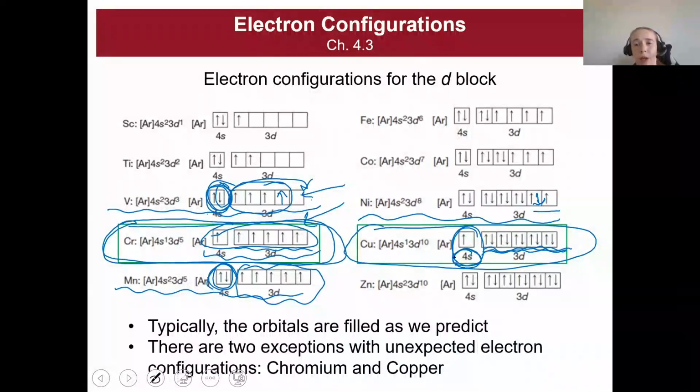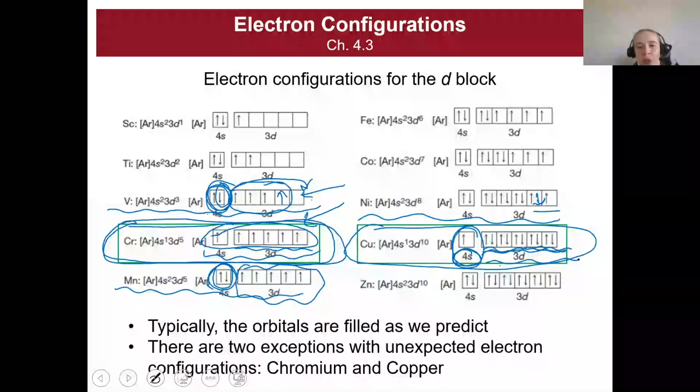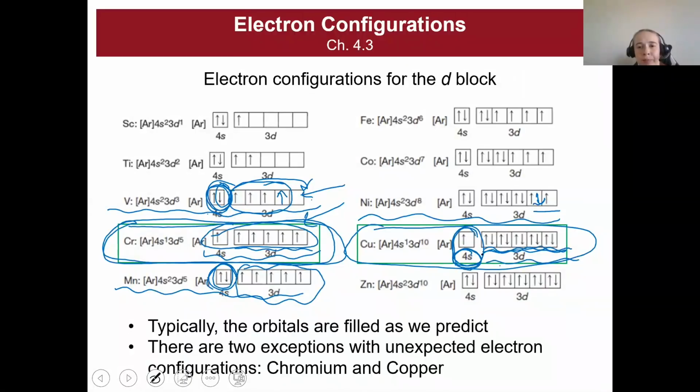Even though 4s is lower in energy, we have a more stable core when we fill up the 3d subshells instead of the 4s.